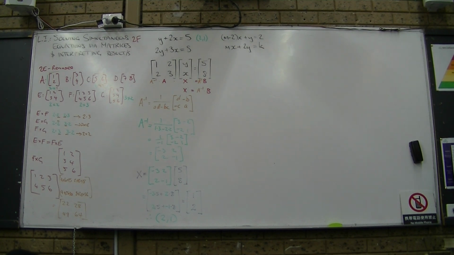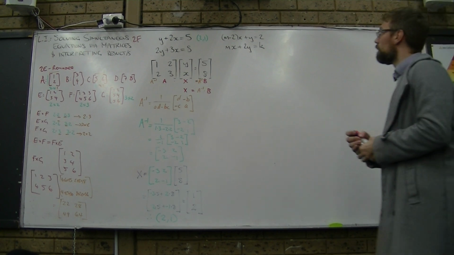So I need to prove when it has a unique solution, and if it does, what is that unique solution? Does it ever have infinite solutions? If so, when? Does it ever have none? If so, when?